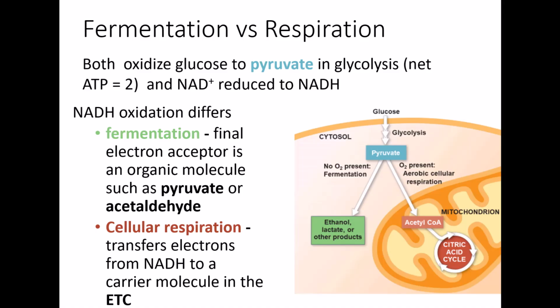Whereas in cellular respiration, the final electron acceptor is ultimately oxygen, but the NADH is going to transfer those electrons to carrier molecules in the electron transport chain and set up that proton motive force that ATP synthase uses to make ATP.